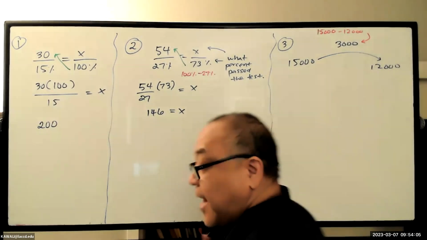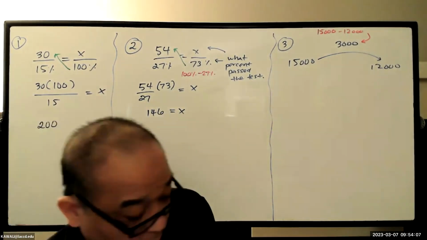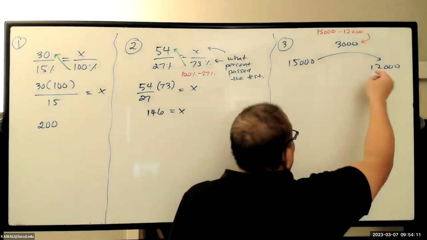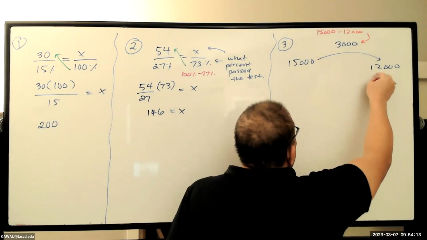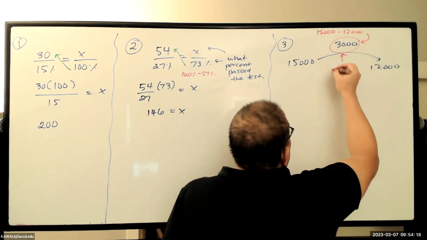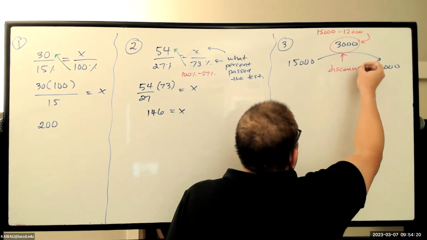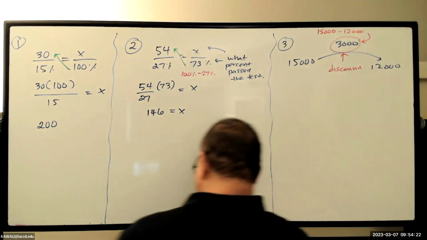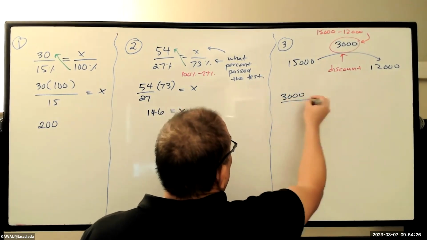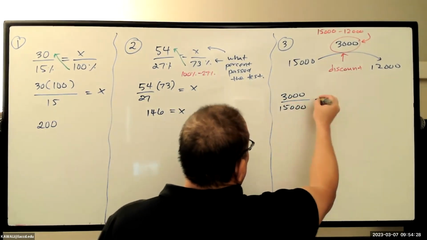Now remember that number is always positive. Now it wants to know what percent of the discount. So it's not asking what percent is the final price. It's saying, hey, what percent is the discount? That's the discount. So I get 300 divided by 1,500.